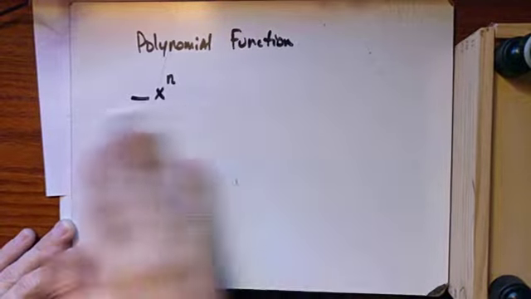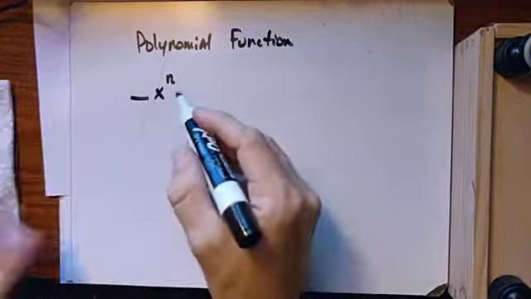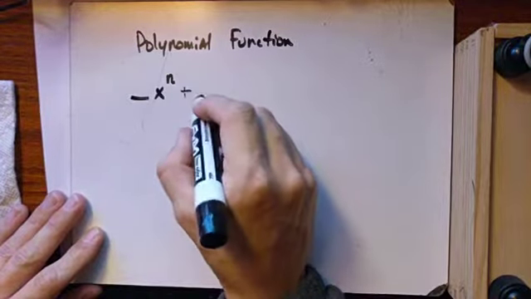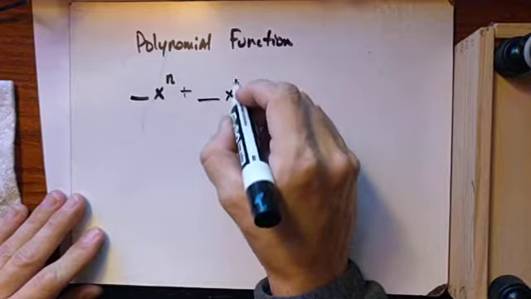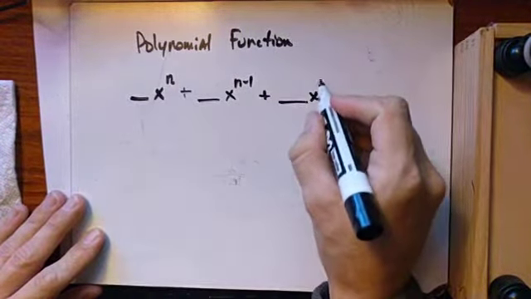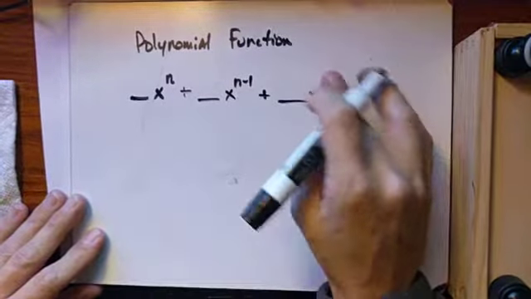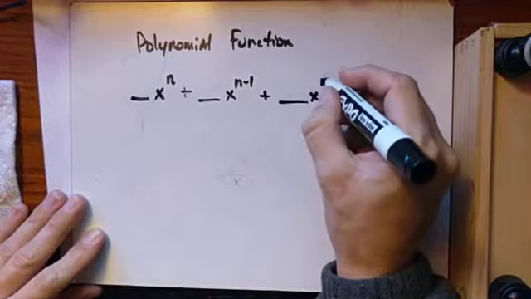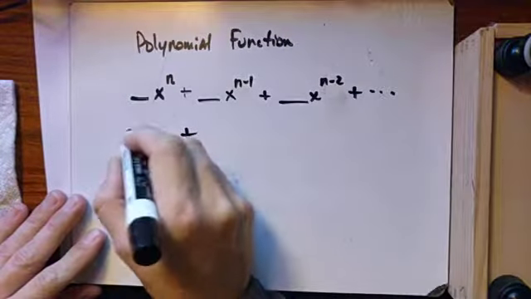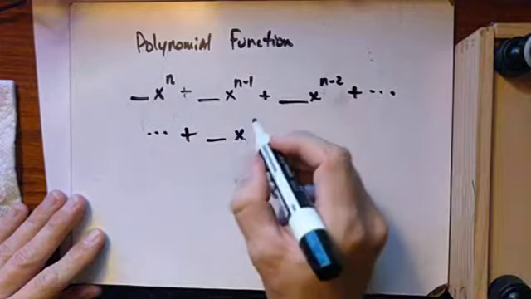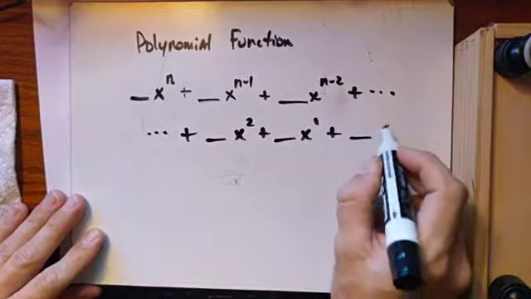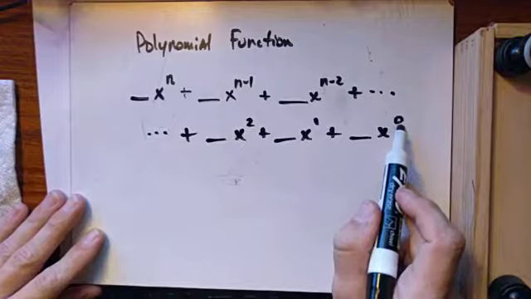Okay, so what if n is like 45? Then you can have other things added to it that have smaller degrees and smaller degrees, and so on and so on, right? Now, eventually you'll have x squared, x to the 1, and x to the 0, and that's where you have to stop, right?